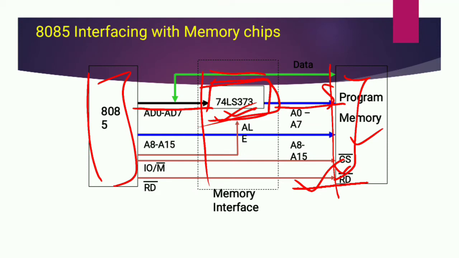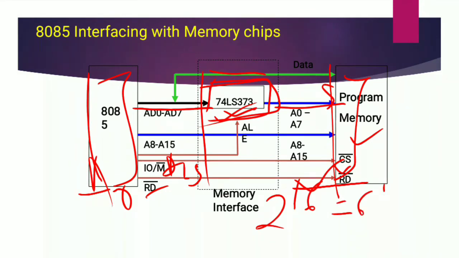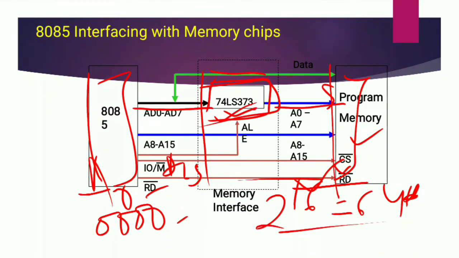The 8085 has 16 address lines, A0 to A15, so a maximum memory capacity of 2 raised to 16, that is 64 kilobytes, can be interfaced with it. The memory address space of the 8085 takes values from 0000H to FFFFH, a 16-bit address.